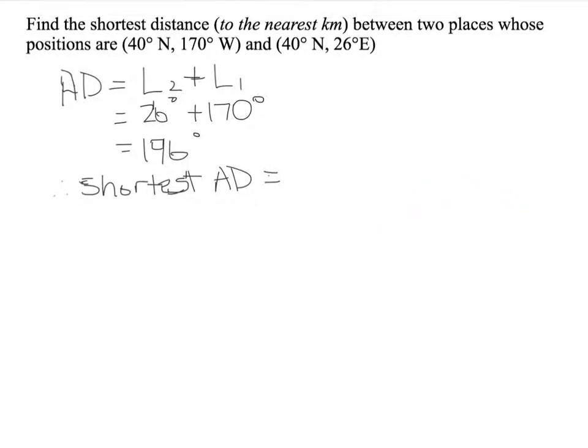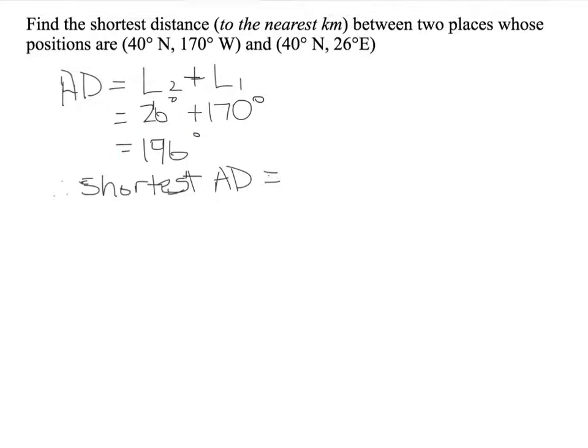So if I start at this point and go 180 degrees, I'm half the way around. But if I go more than 180, then the distance from this point all the way around is more than the distance from here to here. So because my answer is 196, I know I've gone more than halfway.